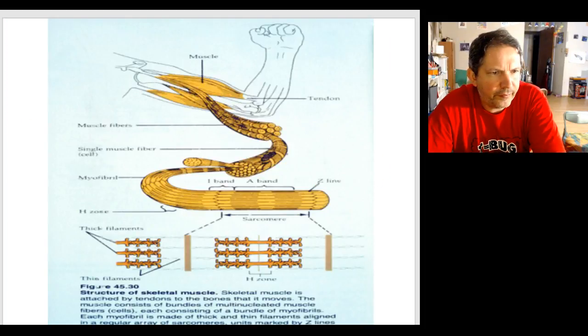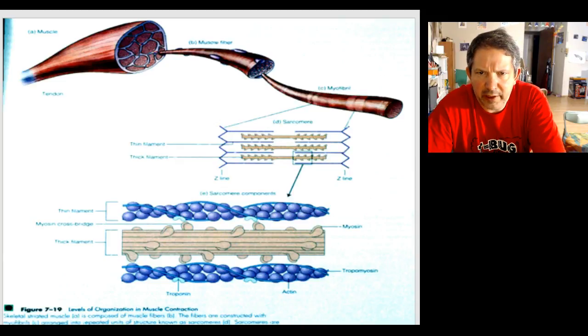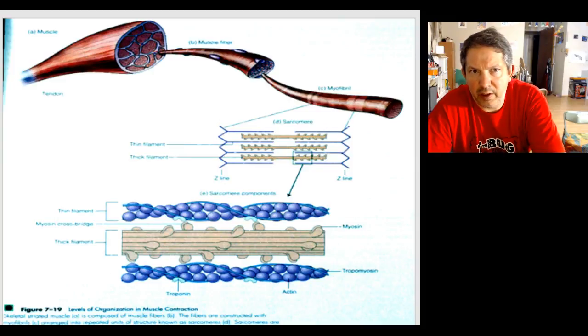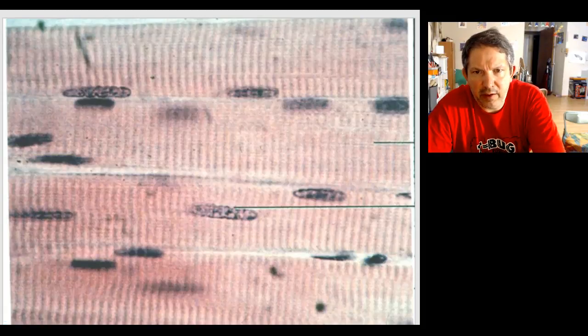From Z line to Z line is the length of a sarcomere. So back to here, this is a sarcomere from here to here, and that is what is contracting.